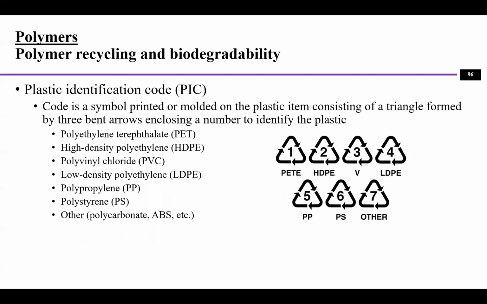Number 2 is HDPE, number 3 is PVC, number 4 LDPE, number 5 polypropylene, number 6 polystyrene, and number 7 is other polymers, which can be polycarbonate or ABS, or some other polymer not named from 1 to 6.